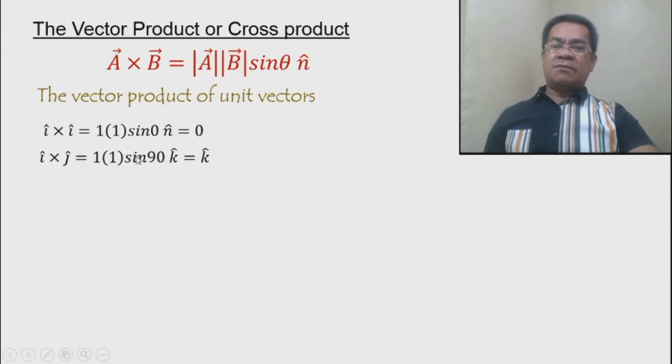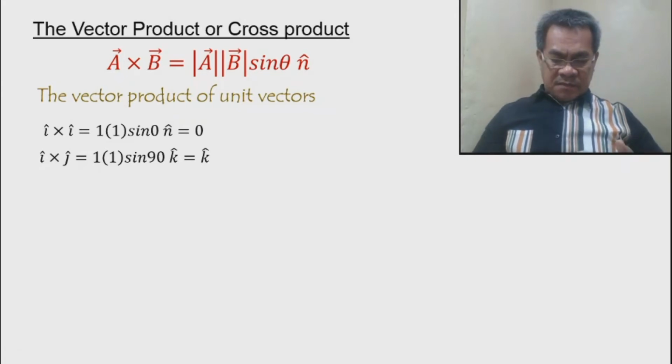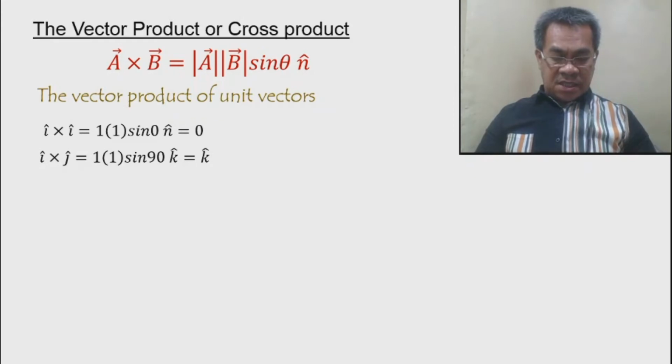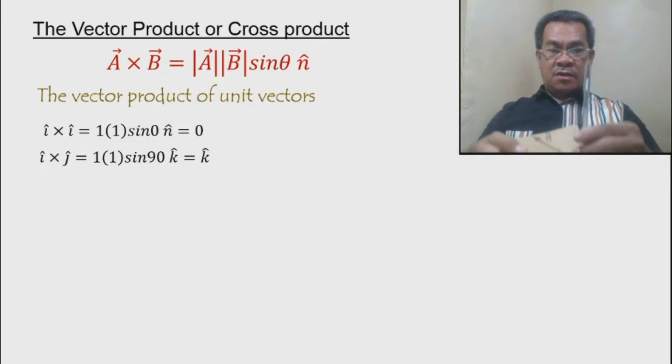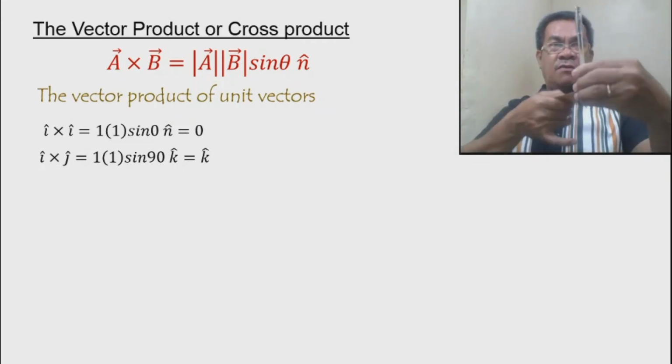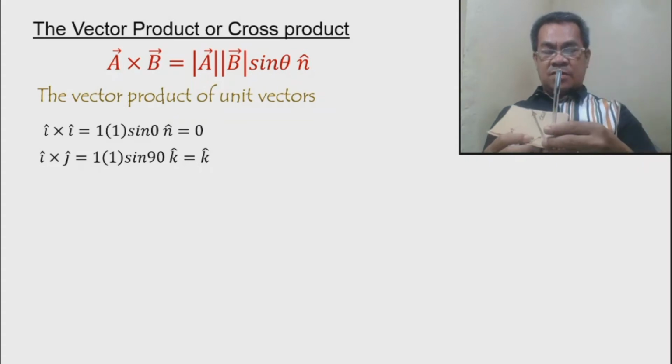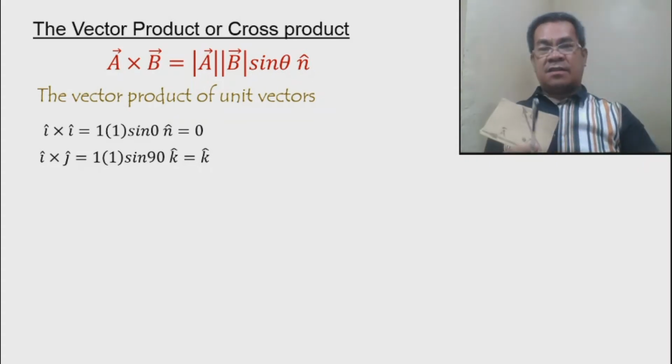What is sine of 90? 1. Okay. Now, what is the direction? K. Why? If this is I and this is J, the normal direction is along the z-axis, and the z-axis is assigned K hat. So this will be rotating while moving upward. Okay? And this is K. So we use positive K.